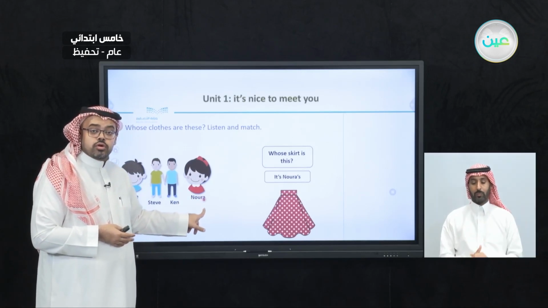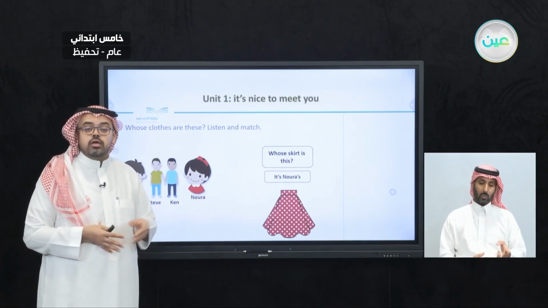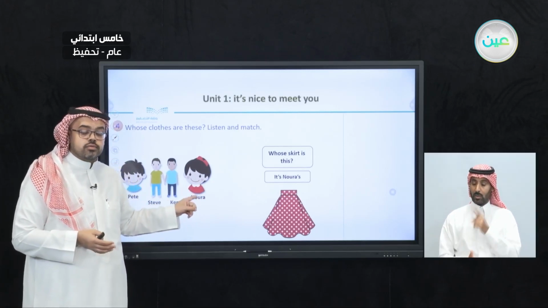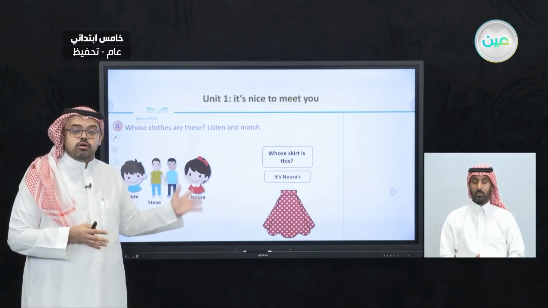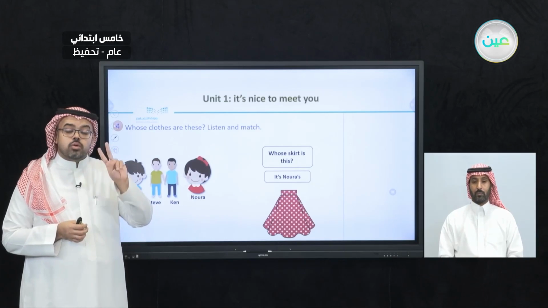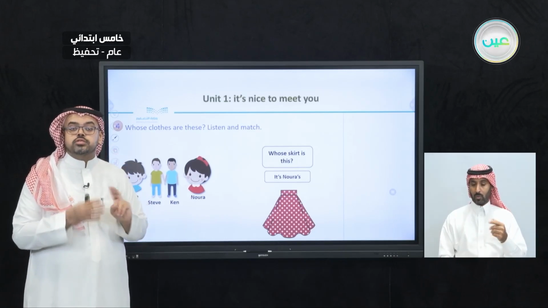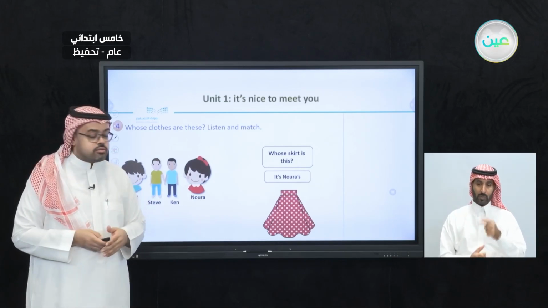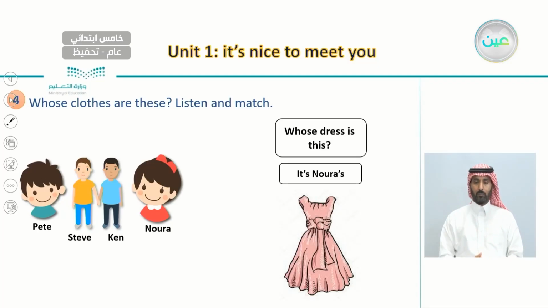Or we can say, it's hers. So as we learn, we do have two different ways of answering. Now the next one, whose dress is this? And the answer is, it's Nora's.